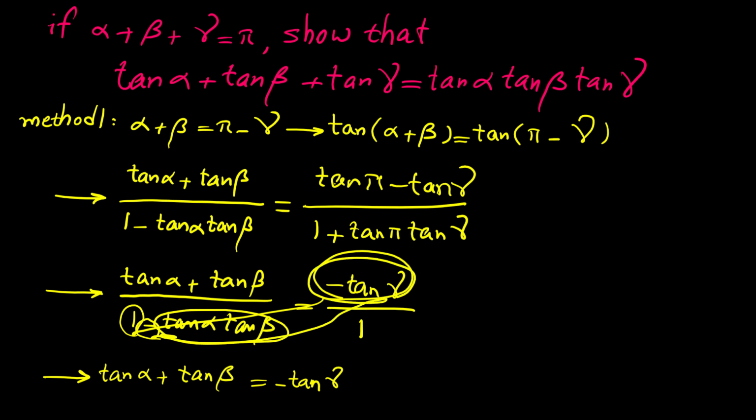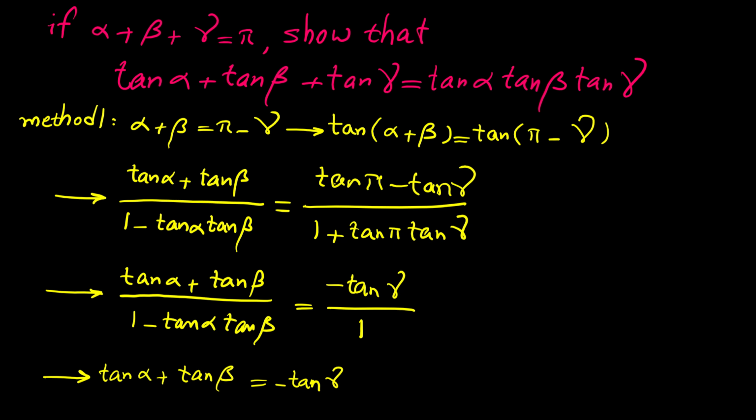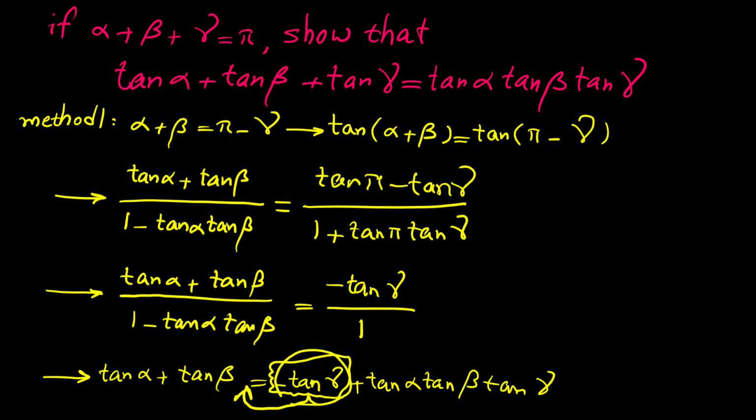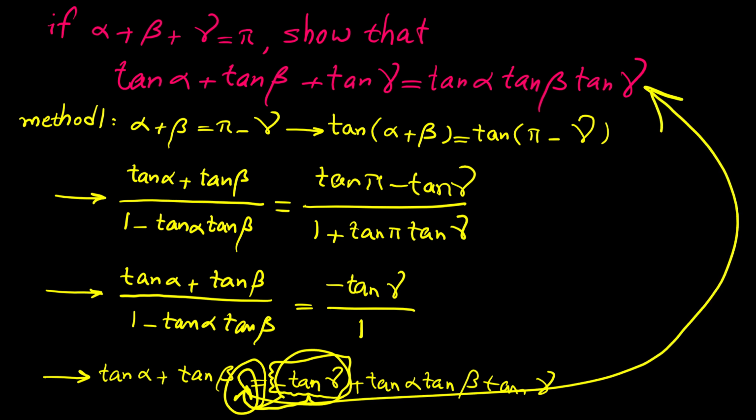minus tangent alpha tangent beta times negative tangent gamma would be plus. So we have plus tangent alpha tangent beta tangent gamma. And now here, if we simply move this term from here to the left side, or in another word, if we add tangent gamma to both sides, then we get to this relation.